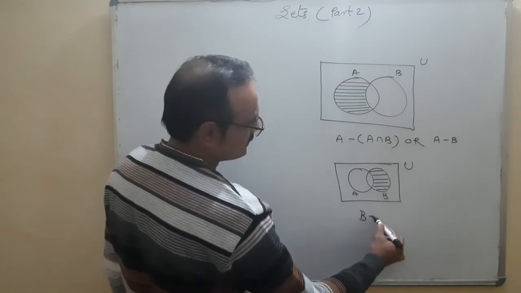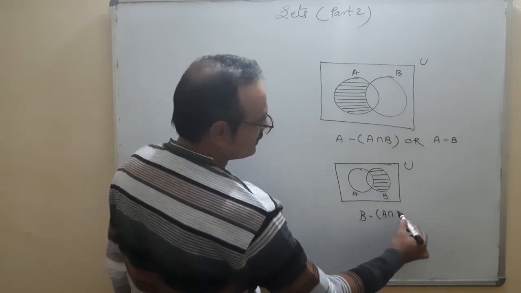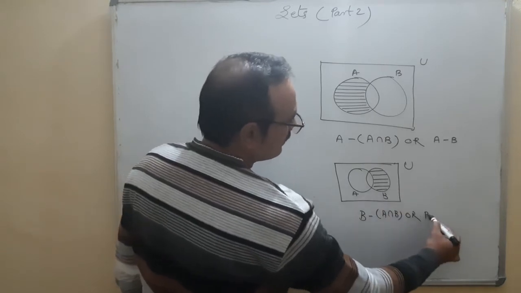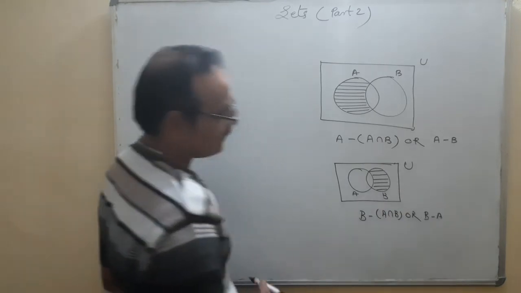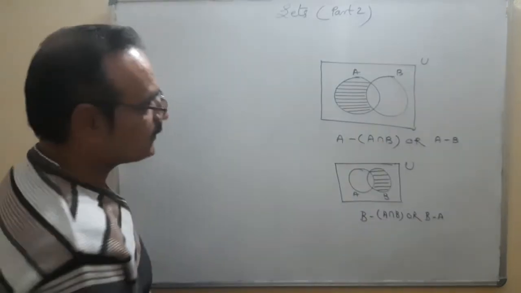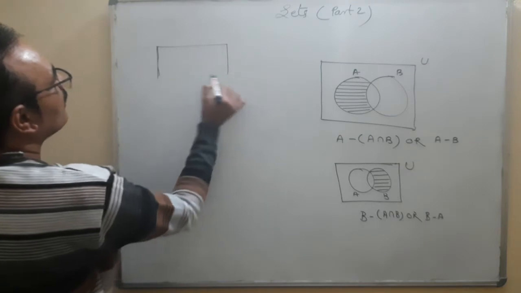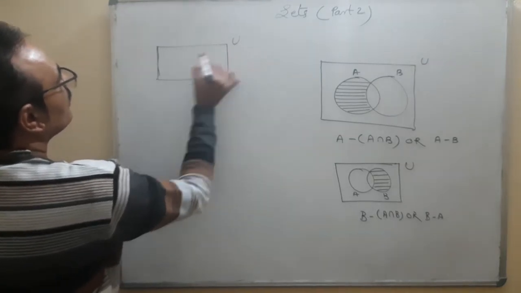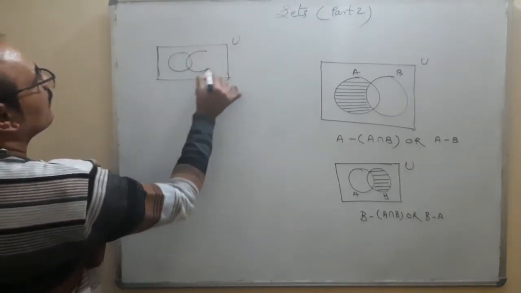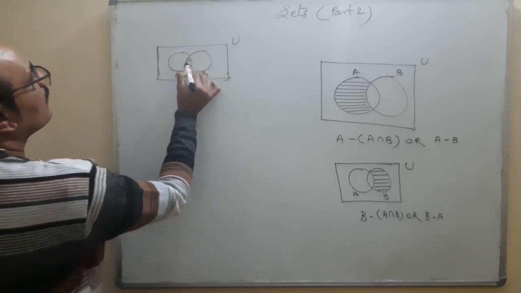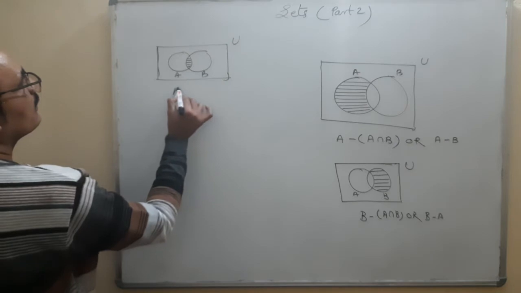B minus A intersection B, or B difference A. Same thing. Third one: what is it?